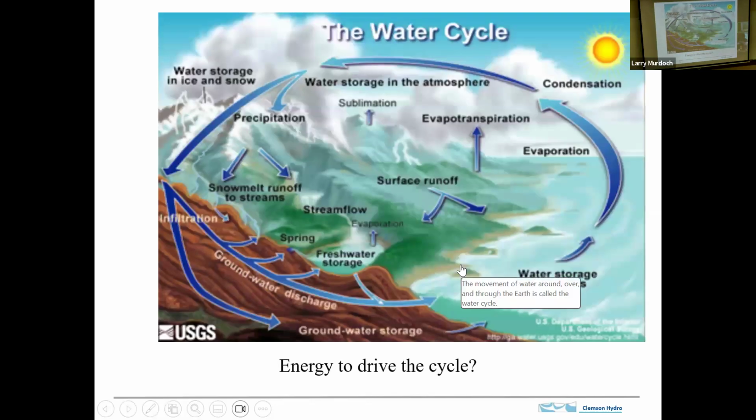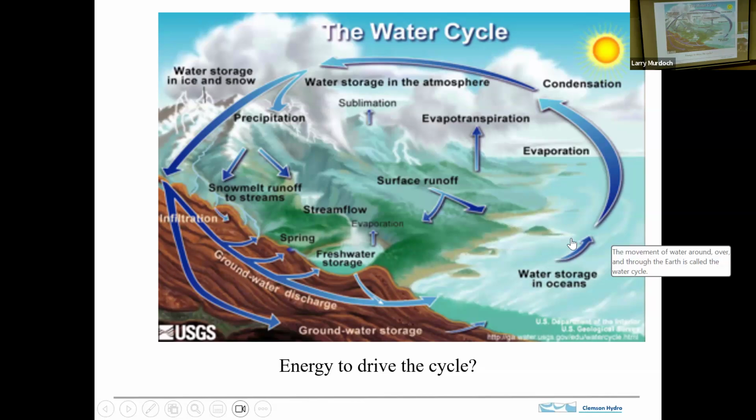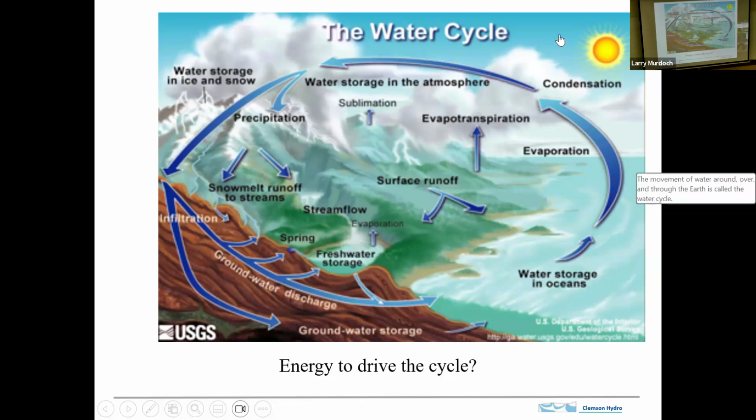So the water cycle is the big picture of how water moves through the surface of the earth. This is the cycle shown in a nice graphic. And basically what's happening here to cause this cycle to work, you have to have energy input.